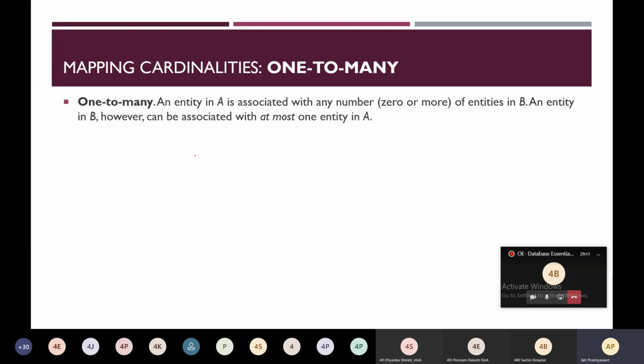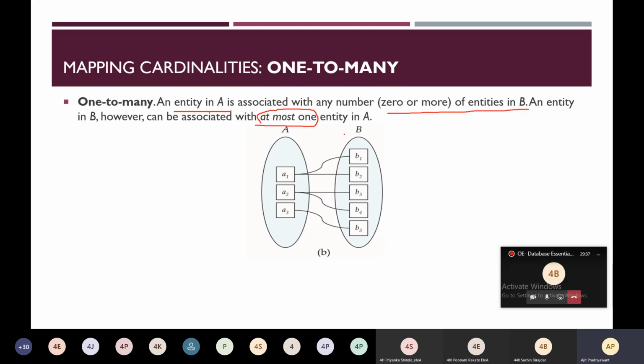In one-to-many, an entity in A is associated with any number, 0 or more, of entities in B, whereas an entity in B can be associated with at most one entity in A. We will see this with the help of a diagram so that you will understand what exactly one-to-many is.